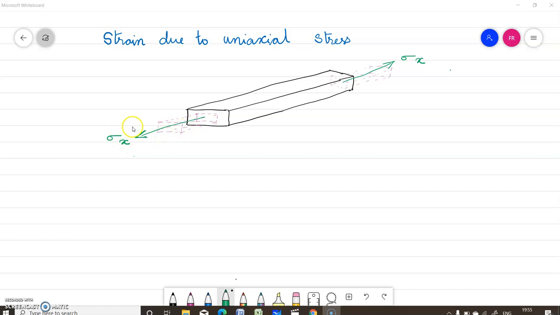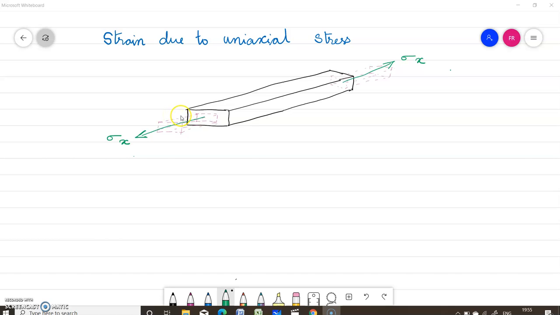That is, if the material is homogeneous and isotropic, that is, their mechanical properties will be assumed independent of both position and direction, the strain must have the same value for any transverse direction. Here this load is applied in this x direction. So in the y direction and also in the z direction, there is reduction in the dimension.